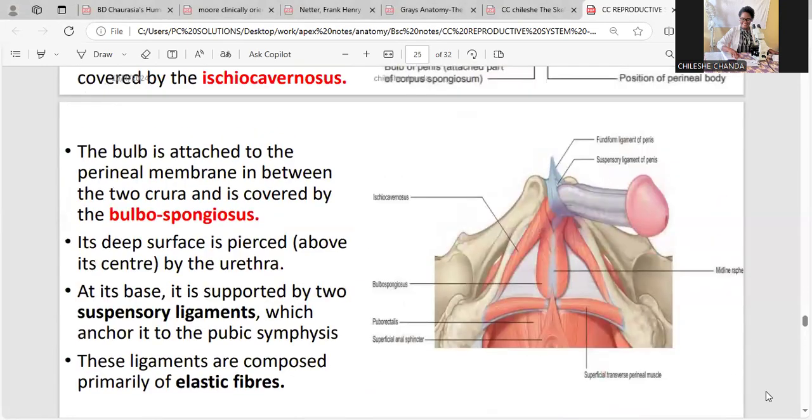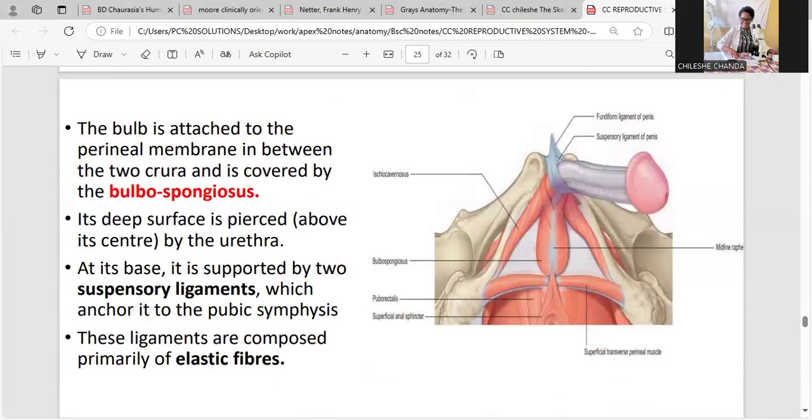So if you look at this picture, it is showing us this area, which is covered by this muscle known as the bulbus spongiosus. Inside here, we have the urethra coming from the bladder, and that urethra is going to pass through this area, and it is known as the bulbar portion of the urethra.